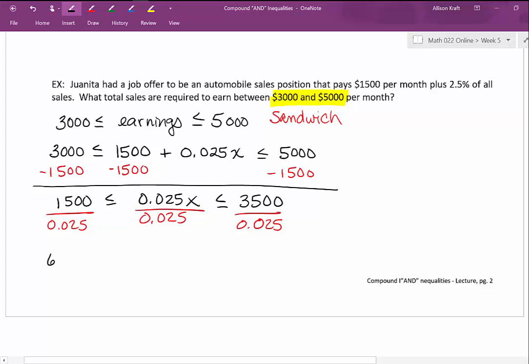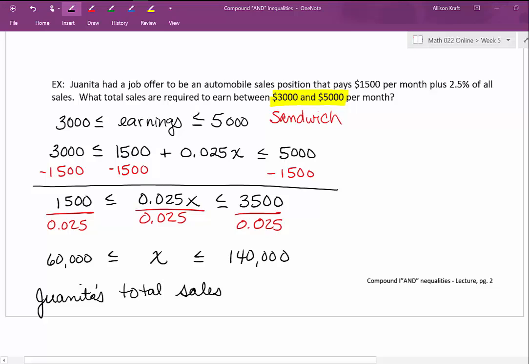We end up with 60,000 is less than or equal to x, which is less than or equal to 140,000. That means that Juanita's total sales must be between $60,000 and $140,000.